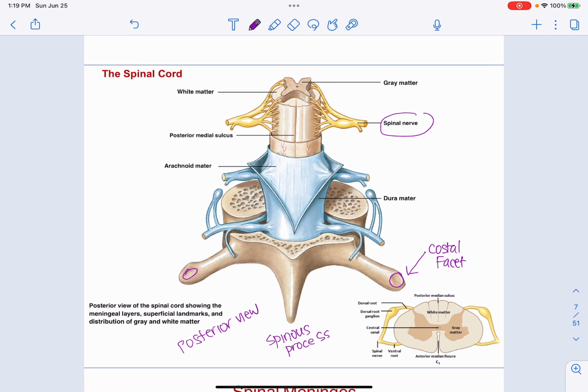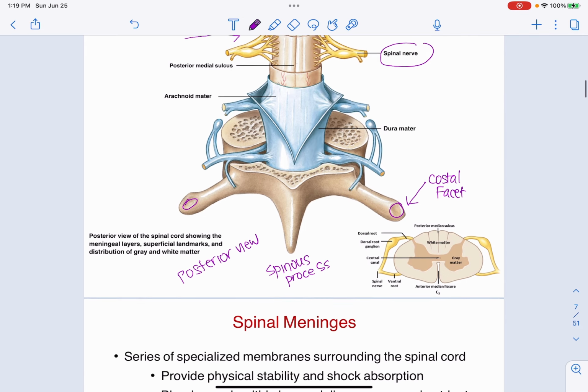Under the meninges is the spinal cord itself. Again, you see the spinal nerves branching off of the spinal cord. We will also talk about the fact that there is gray matter and white matter in the spinal cord.